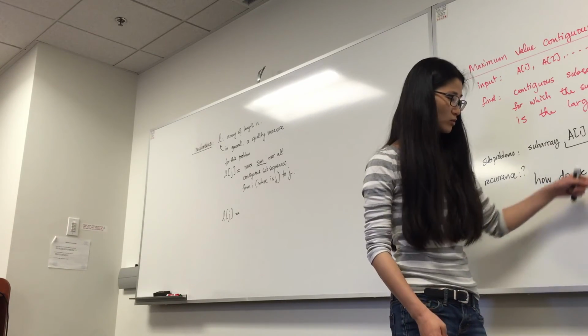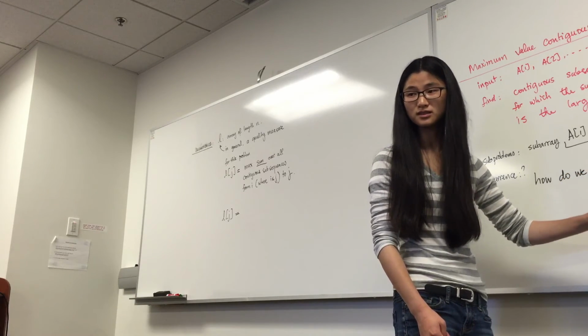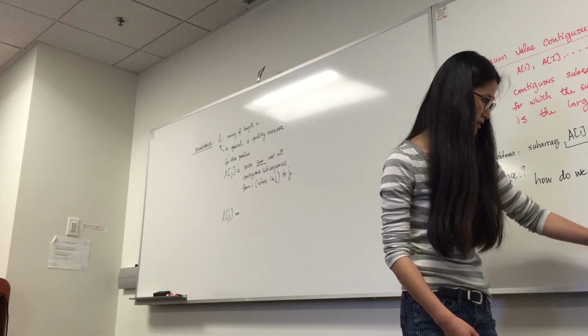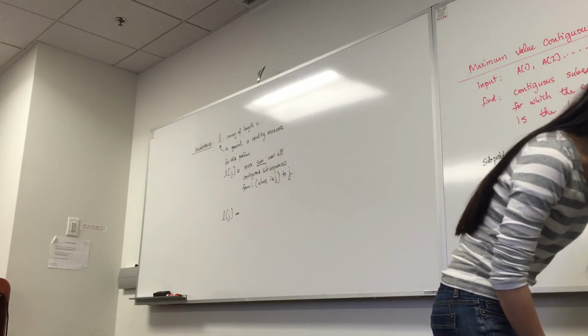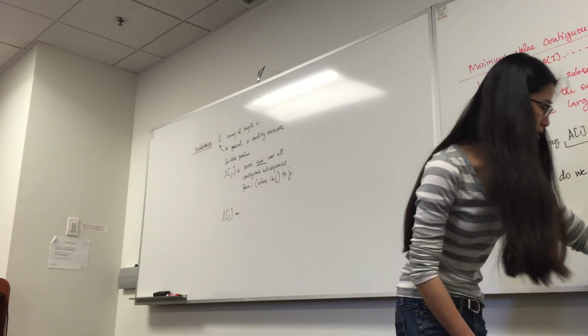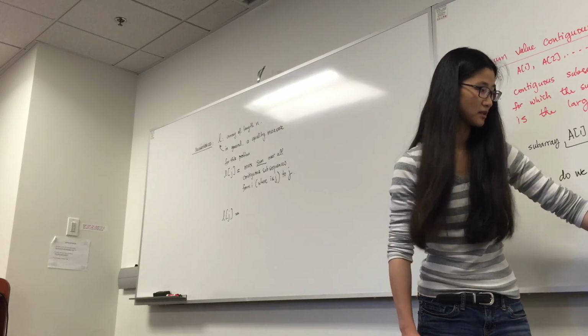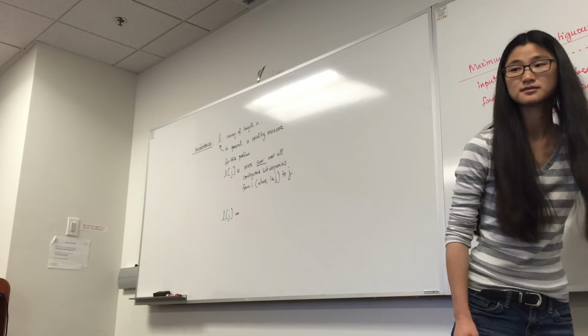It doesn't tell you where to start. Instead, it tells you the value of that maximum sum. If this one is the array that gives you the maximum sum, L of J tells you the sum of those elements.